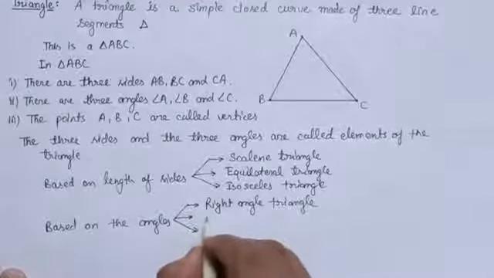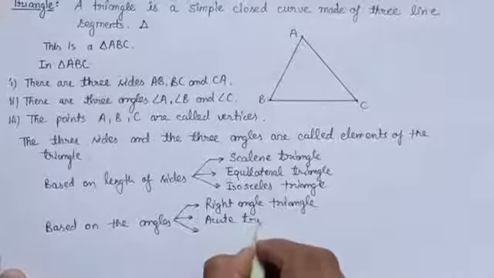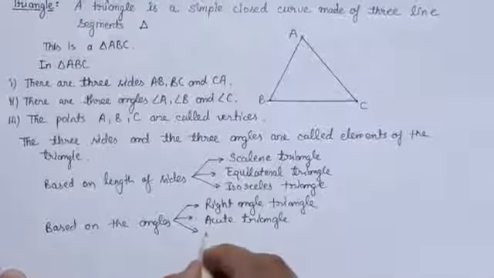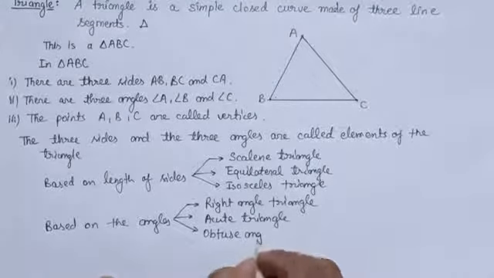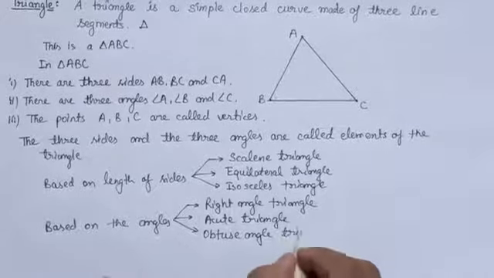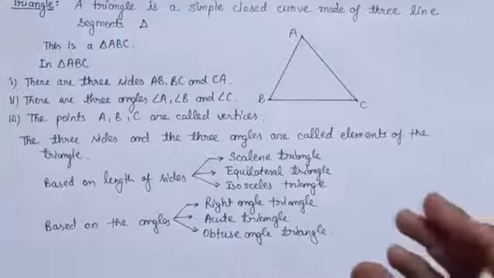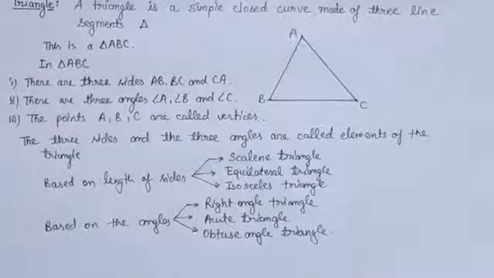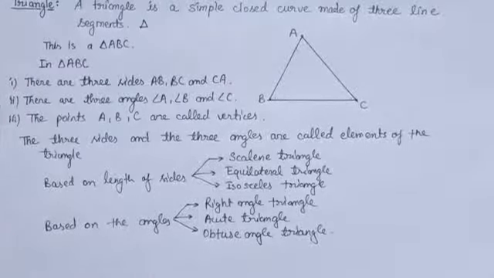The next is the acute triangle, and the third one is the obtuse angle triangle. You have already learned these types of triangles in your previous class, but here again we will discuss these types of triangle in brief.